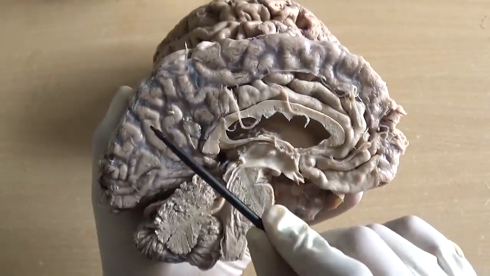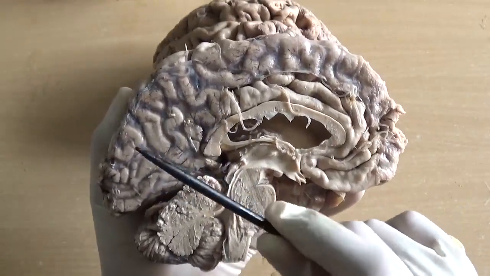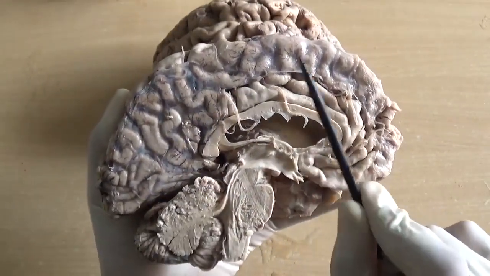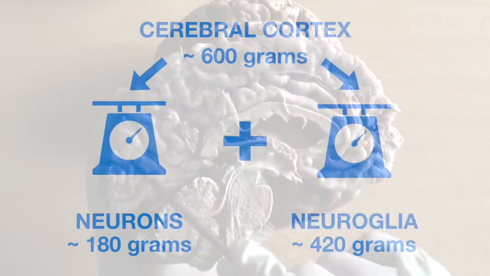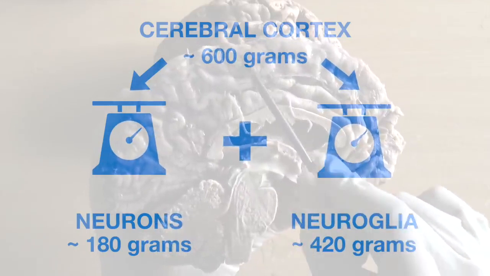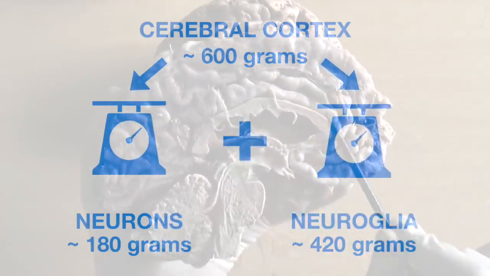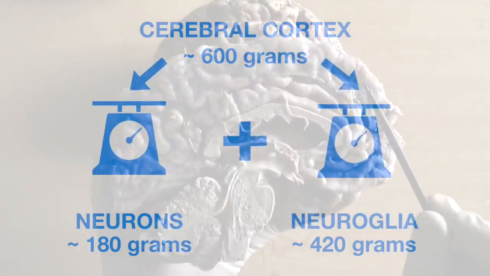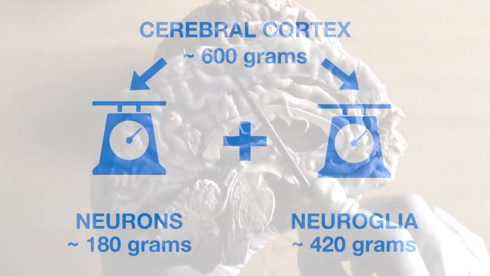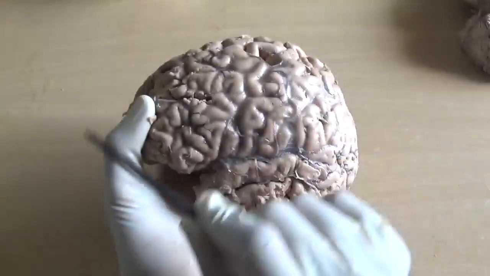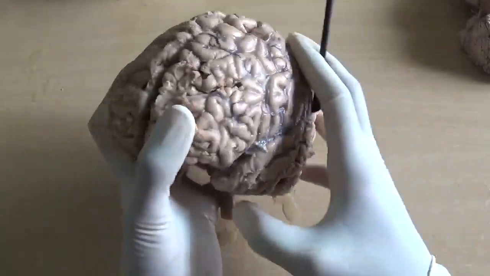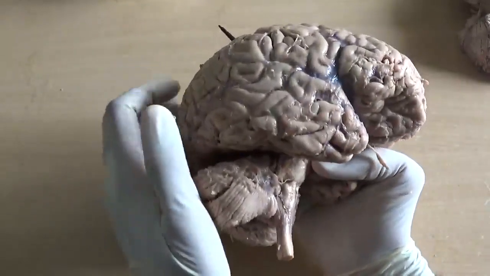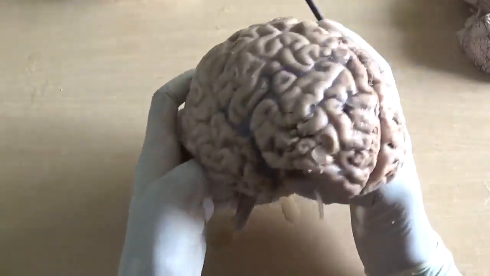If we talk about the neurons in terms of weight, then out of 600 grams of weight of the cerebral cortex, 180 grams belongs to the weight of neurons, and the remaining 420 grams is the weight of neuroglia. Now throughout the cerebral cortex, within the neurons, within the cell bodies, it can store memory.